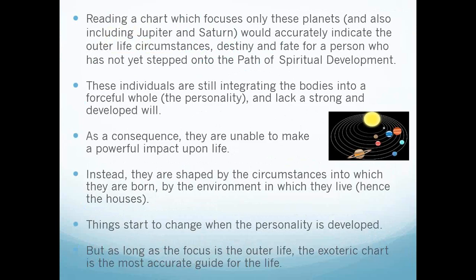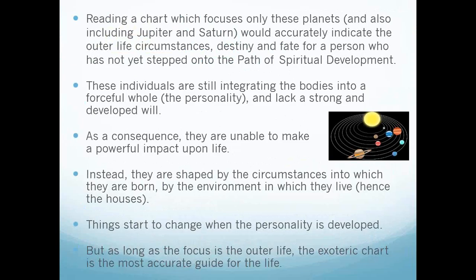So a chart which focuses only on these planets that we just mentioned, including Jupiter and Saturn, would accurately indicate the outer life circumstances, the destiny, and the fate for a person who's not yet stepped onto the path of spiritual development. These individuals are still integrating the bodies into a forceful whole, which we call the personality, and they lack a strong and developed will. What does that mean?